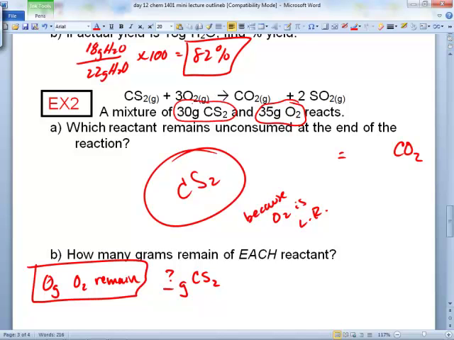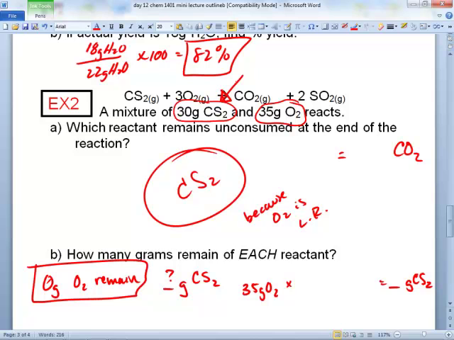If you go through converting 35 grams of oxygen all the way to grams of CS2, and you get a number bigger than 30, something's messed up. It has to be less than 30. Because O2 is a limiting reagent. He gets reacted up first. You're going to get something less than 30.